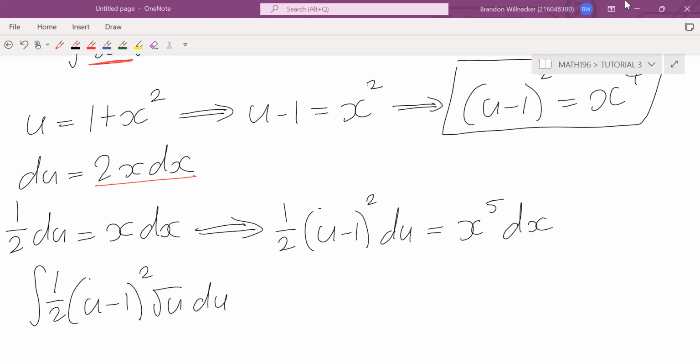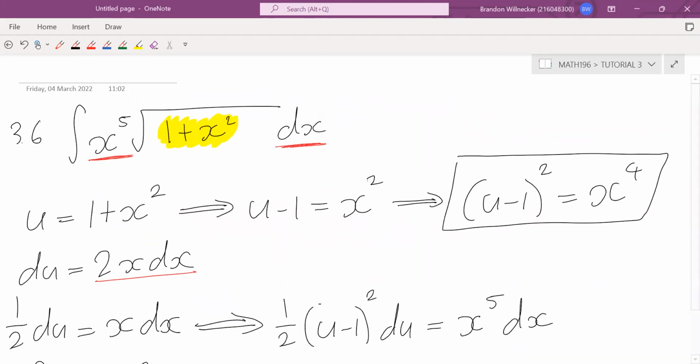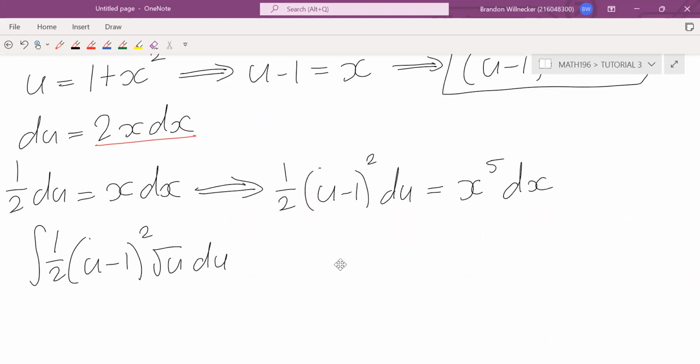So this looks not much simpler than what we started with, but notice how we are only dealing with powers. So we've got this u minus 1 squared, we've got root of u. But remember, the square root of u can be written as u to the 1/2. So in fact, we're only dealing with powers here. So let's simplify. So we have 1/2, the integral. Root u can be replaced with u to the 1/2.